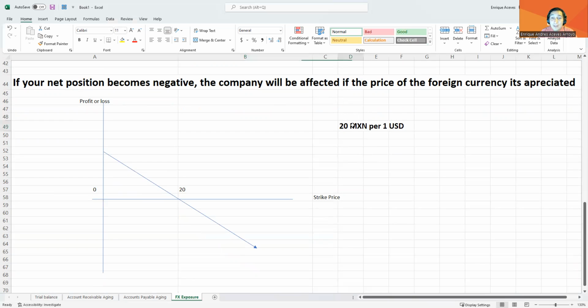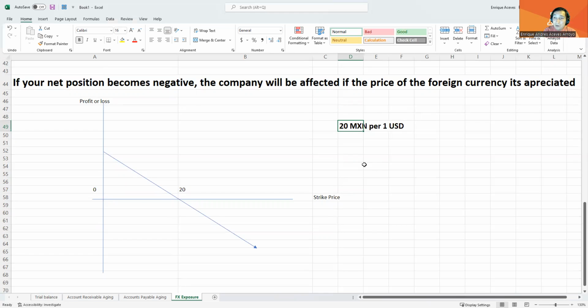Because if the foreign currency is appreciated, that means that you will need more Mexican pesos to buy $1. That means that you will need more resources to purchase $1. So that means losses for you.